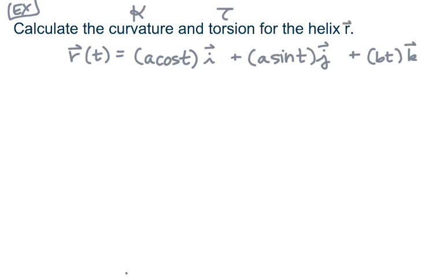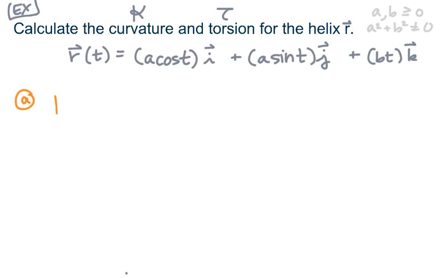So r, the vector, is a cosine t i plus a sine t j plus bt times k. And there's an addendum here. We say that a and b are greater than or equal to 0, as well as a squared plus b squared cannot be 0. So first things first, we'll talk about curvature.